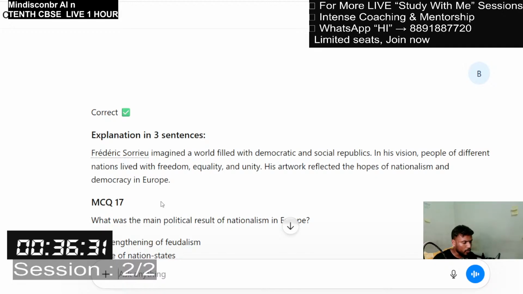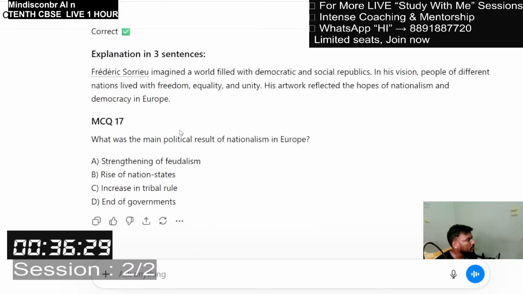What was the main political result of nationalism in Europe? Strengthening of feudalism, rise of nation states, increase in tribal rule, end of governments. I think it's rise of nation states.